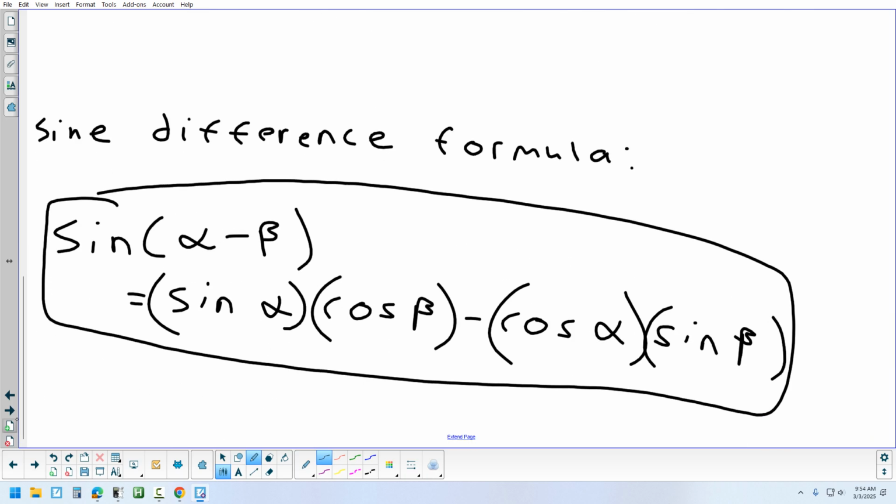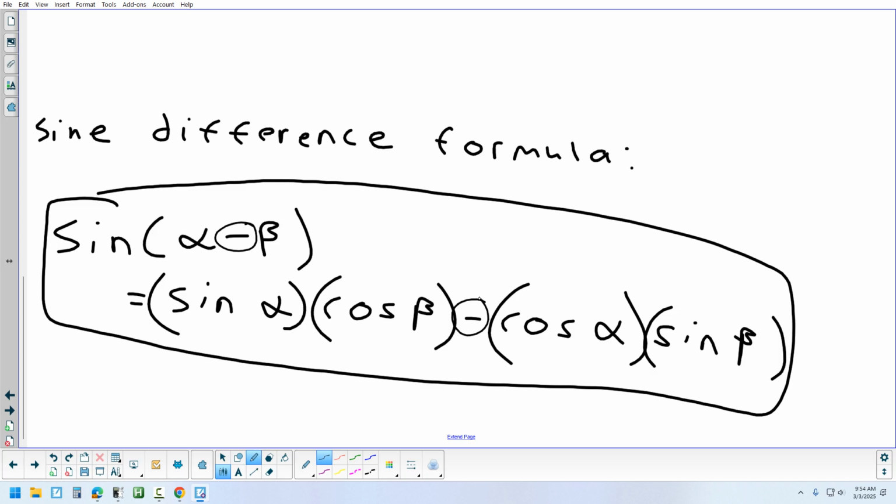They're mixed, sine, cosine, cosine, sine. And whatever symbol you had here is the same symbol you put there. So those are the sine sum and difference identities. And that's what we'll stop with for today.